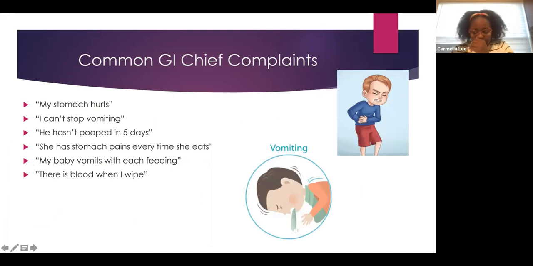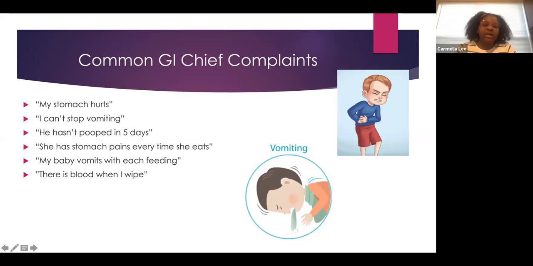All right, so let's move on to our gastrointestinal system. Kind of following the same format that we did for urine, let's look at some common complaints. So first one, my stomach hurts. That's a pretty basic complaint you may get.